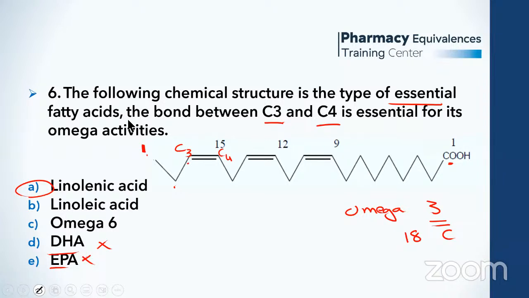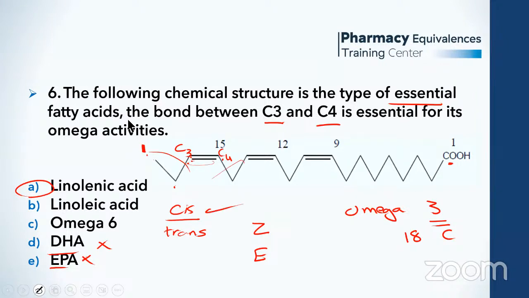This is a double bond. So the configuration here is cis or trans, or Z or E? Yes, it is cis. Why? Because on both sides of the double bond, the bigger group is present. So it is cis.